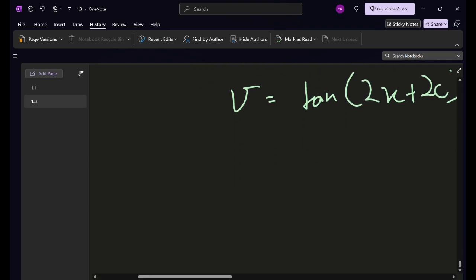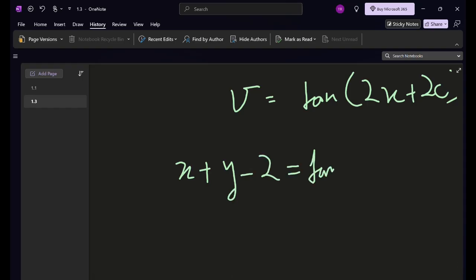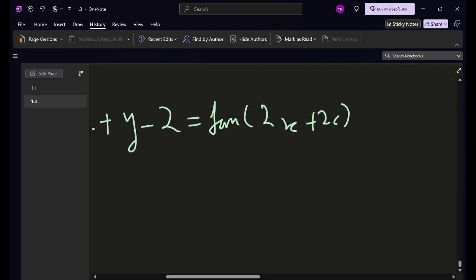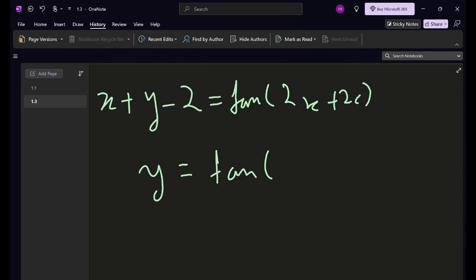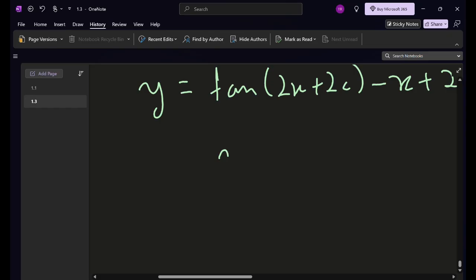Now we're gonna put back the value of v, which is x plus y minus 2 is equal to tan (x plus c), and then writing it in terms of y, we get y is equal to tan (x plus c) minus x plus 2.